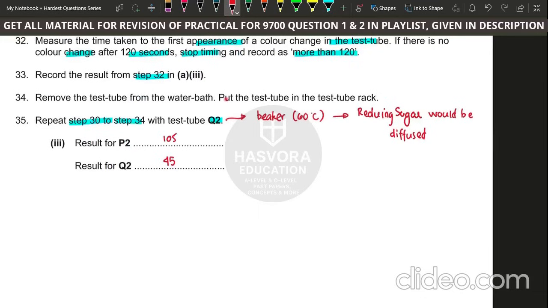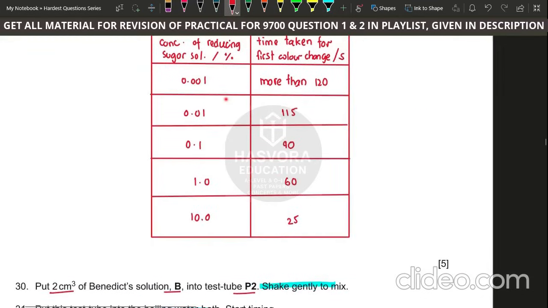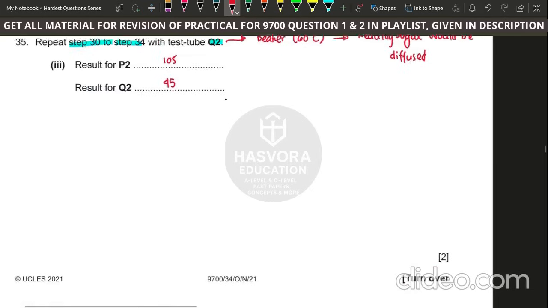Let's just take it as 105. Okay, so if I have 105, this means it is between 0.1 and 0.01. Now you can take any concentration between. Okay, so let's just take it as about 0.05. Okay, it will be 0.05 percent concentration.